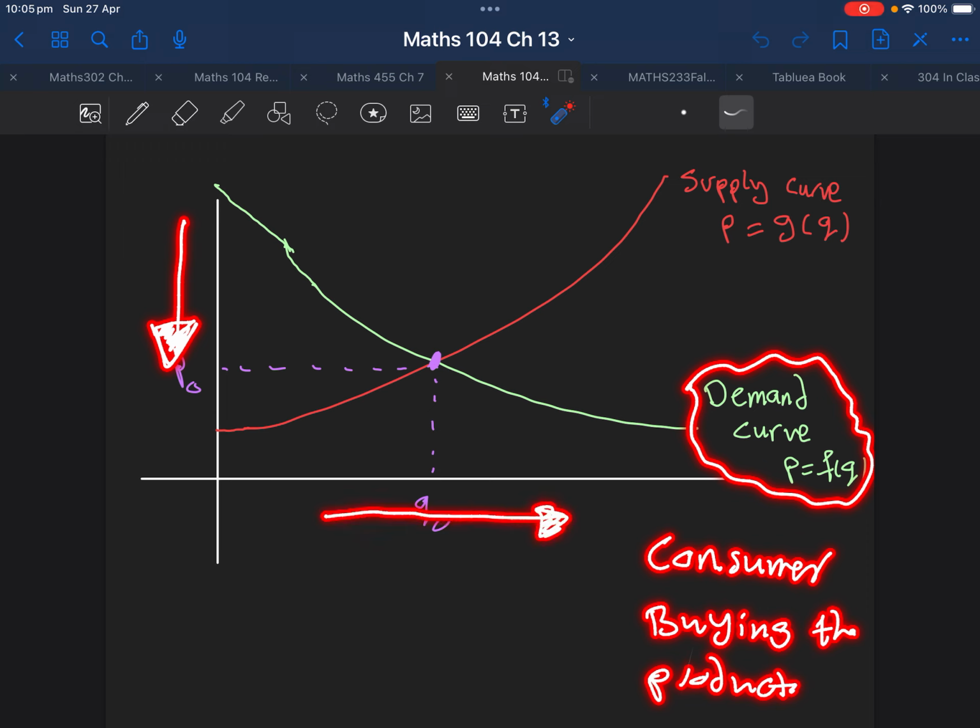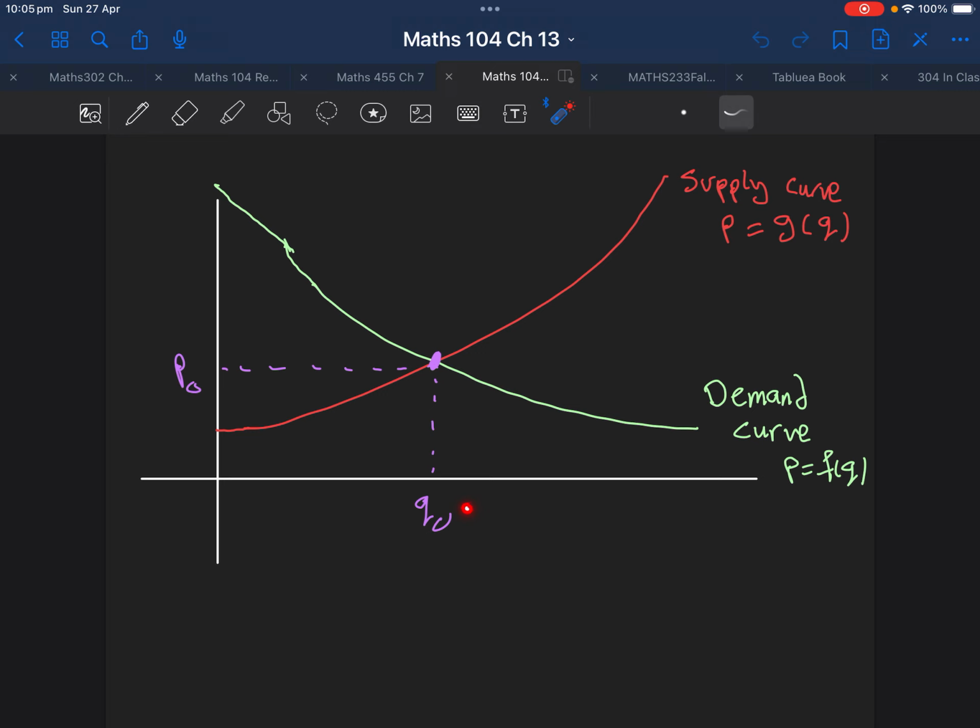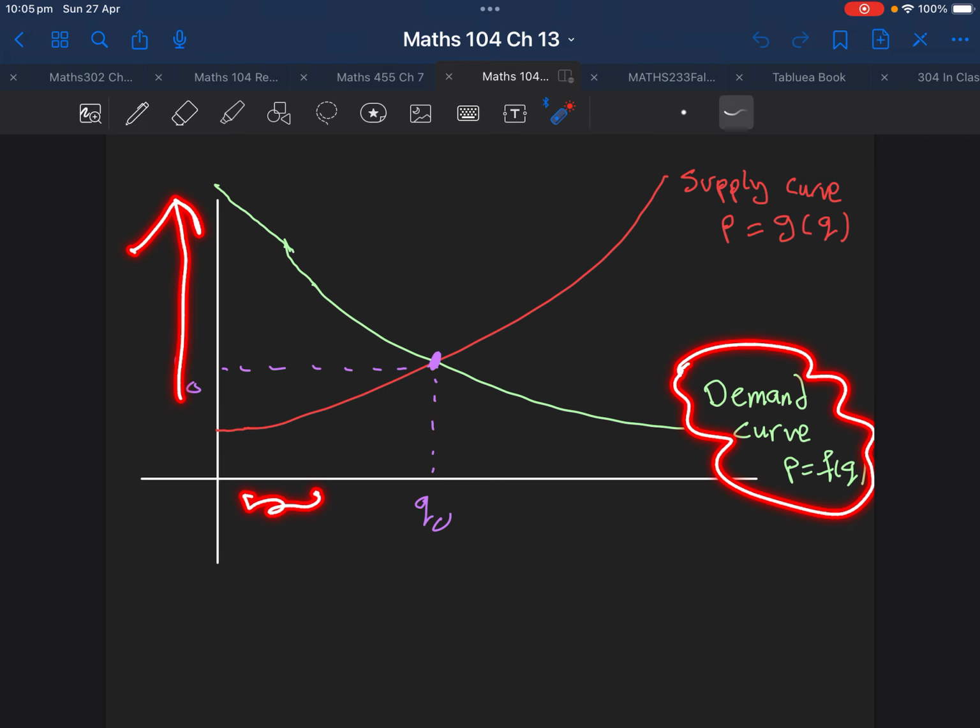So the quantity that will be bought will be more and more. In the opposite way, if there is more quantity of the item in the market, the prices will get less and less. If we have a shortage of any product, the price goes up. We call this the demand law, and that's from the consumer point of view.